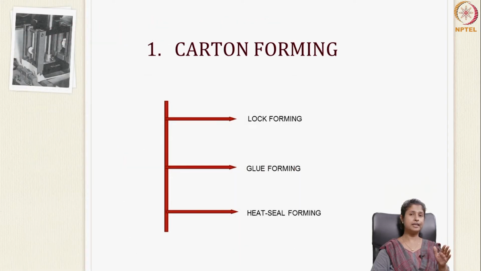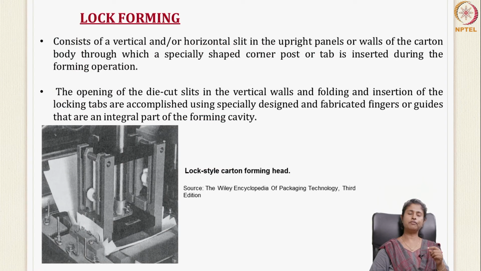Now, one of the first steps in carton forming is you need to form the locks. So you have lock forming, glue forming or seal forming, three ways in which the cartons can be formed. In lock forming, that consists of horizontal or vertical slits. If you look at this picture very carefully, you can see these slits that are there on the ends.